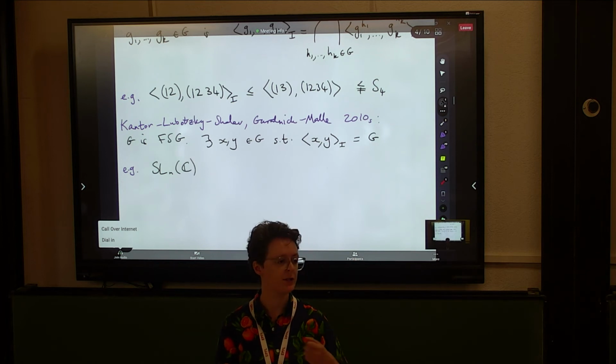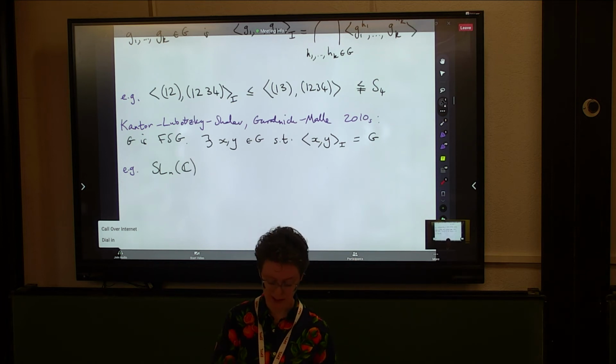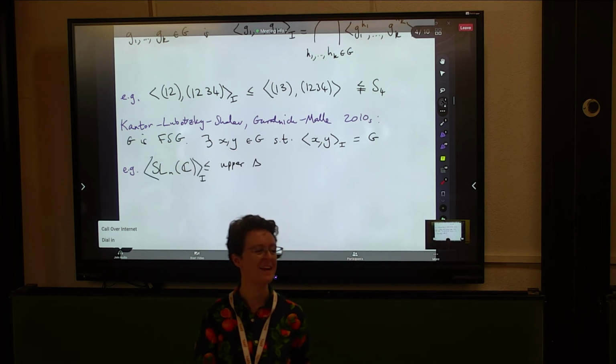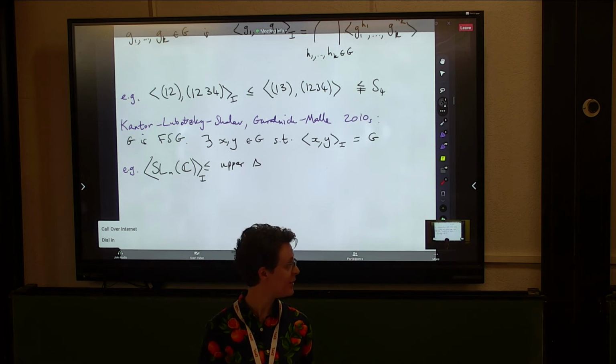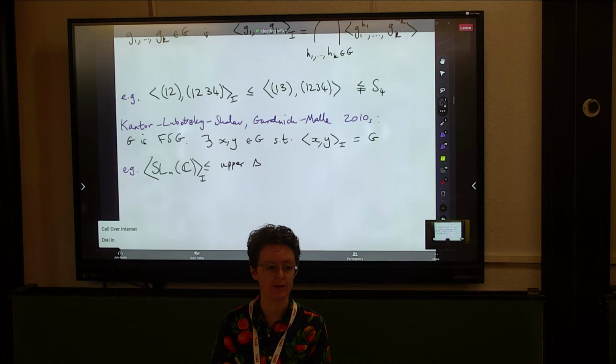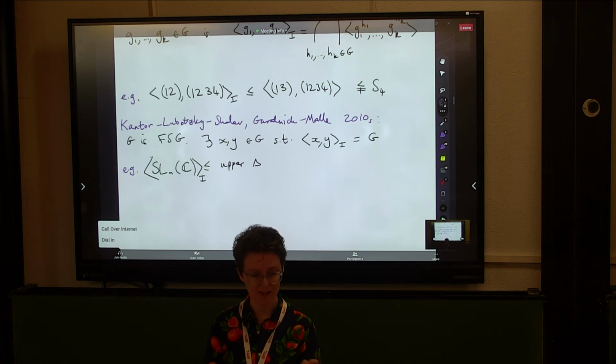Because I can upper triangularize each of these things, this is going to be contained in the group of upper triangular matrices. Because I can conjugate each of them into an upper triangular matrix, I'm not going to be able to generate, the group generates itself, but it doesn't invariably generate itself.